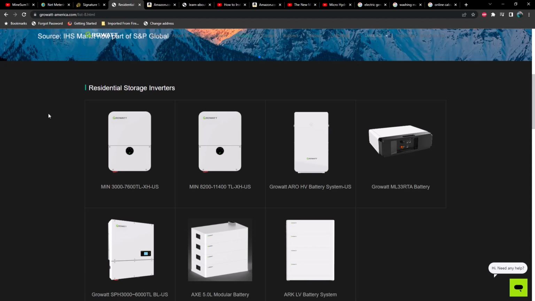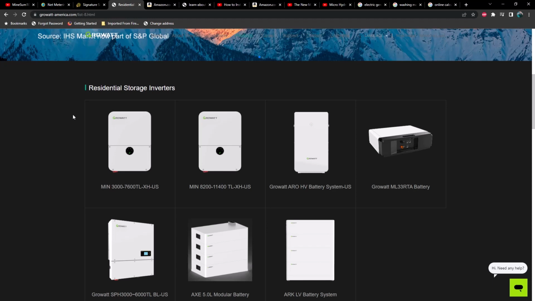I haven't had mine very long, so I can't speak to the longevity of this particular inverter, but I can say that I did a lot of research and read a lot of reviews trying to figure out which products were good and which ones were bad. And I hear really good things about GrowWatt, so it's something that I recommend.